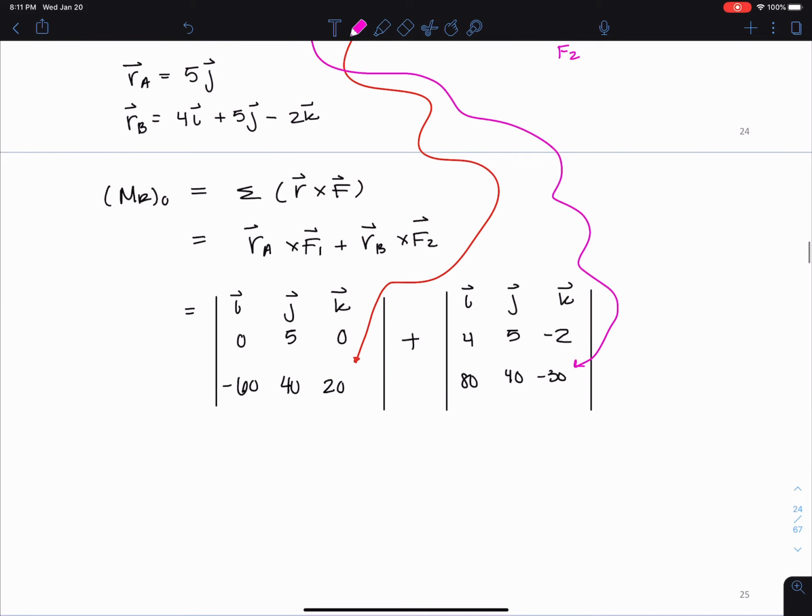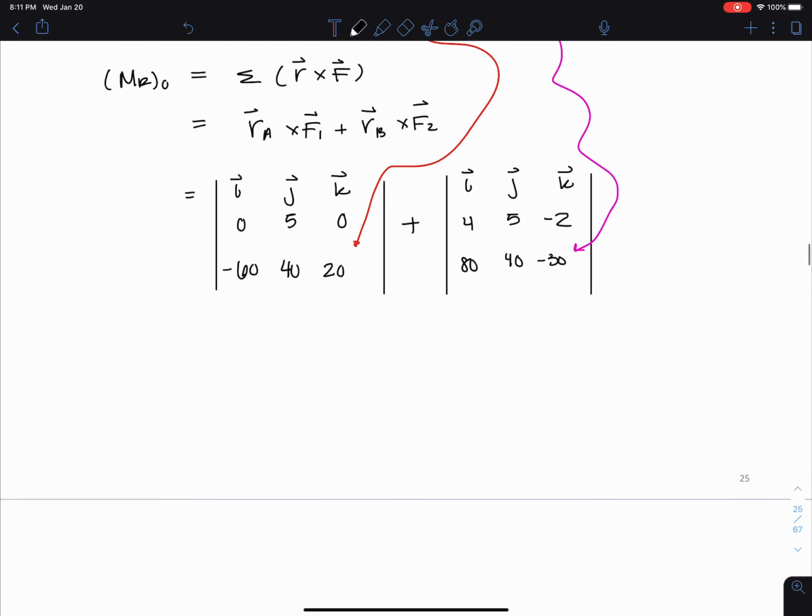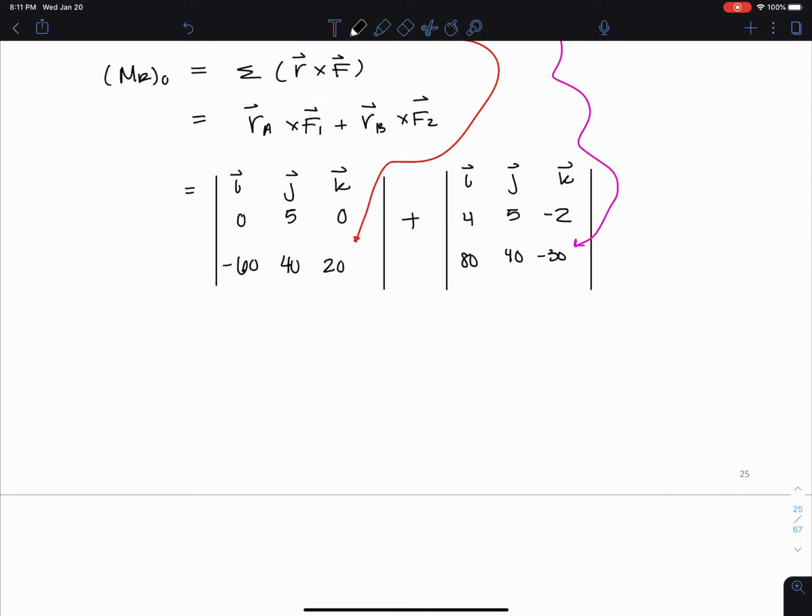Okay. Now I can use my cross product function that I wrote earlier on a previous slide to solve for each one of these. The first step, I'm going to take that 5 right here. If you might remember, this is taking the determinant.